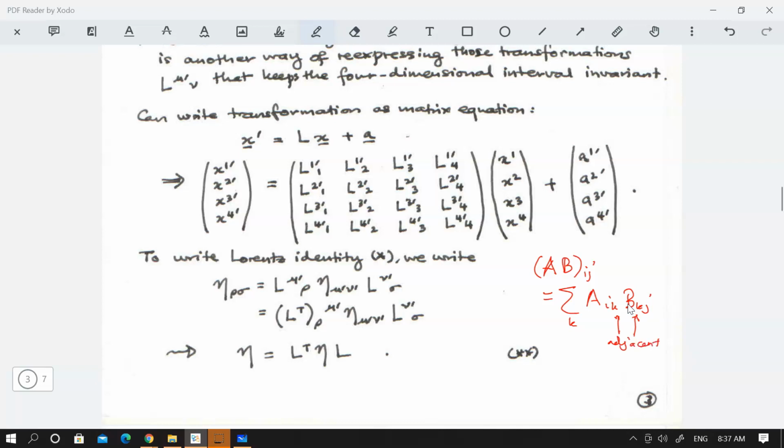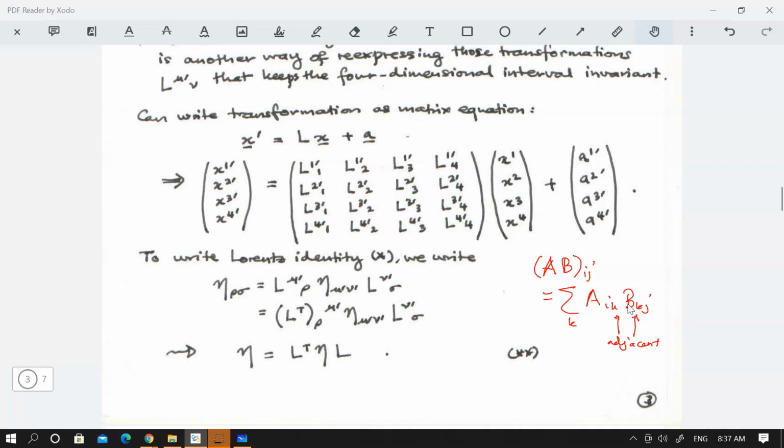If we look at the Lorentz identity, you can see there's the dummy index nu dash and nu dash. These are adjacent to each other, but your mu dash is not adjacent. So if we want to rewrite that Lorentz identity as a matrix equation, I would need to transpose this.